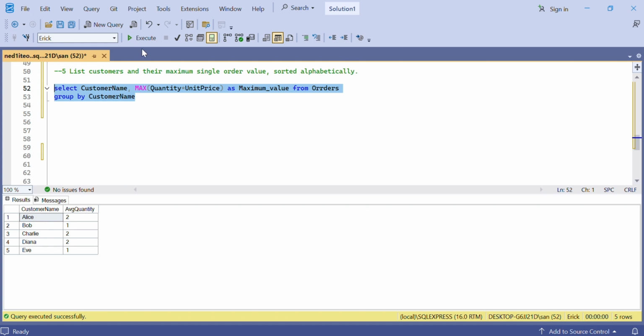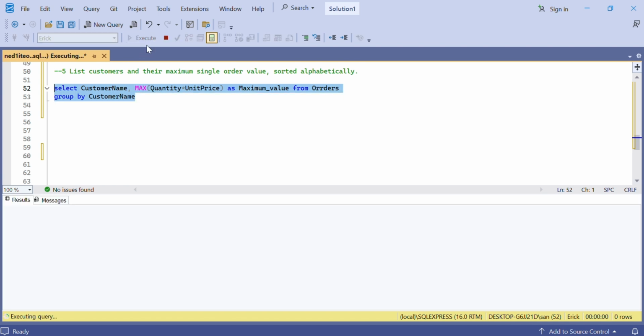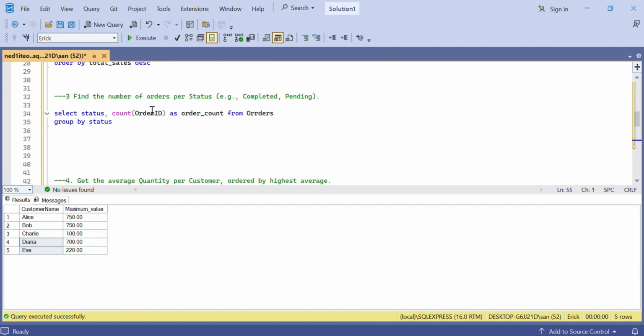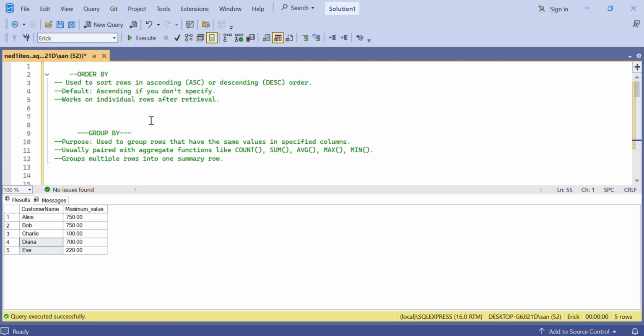And then we run this. So you can see each and every customer with their respective maximum value. So I think you've understood how the order by and group by works.